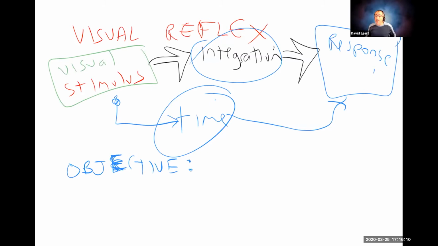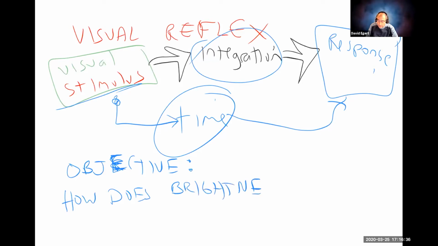If we know that the brightness of the light changes whether we're using rods or cones, and whether we're using rods or cones affects the speed that you are responding to the visual information, then it would be interesting to see how does brightness affect the speed of a visual reflex?